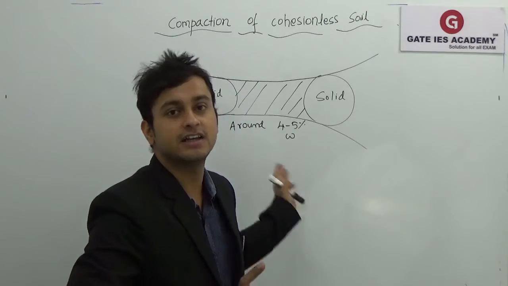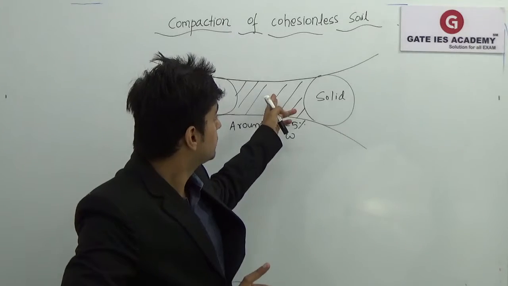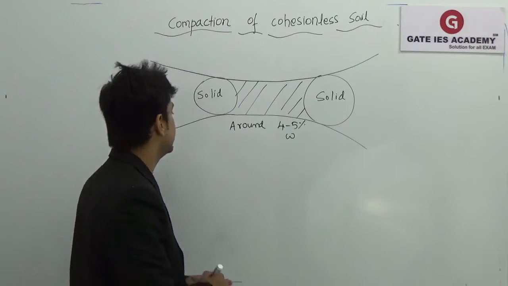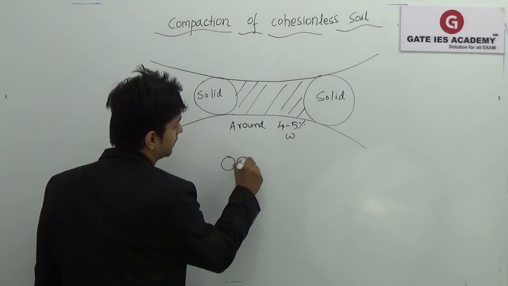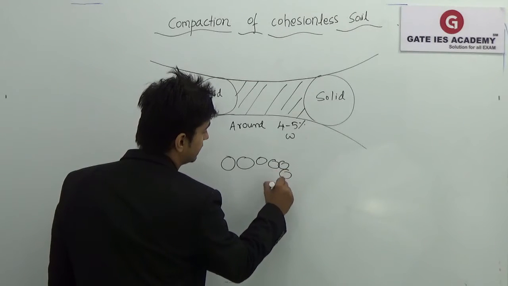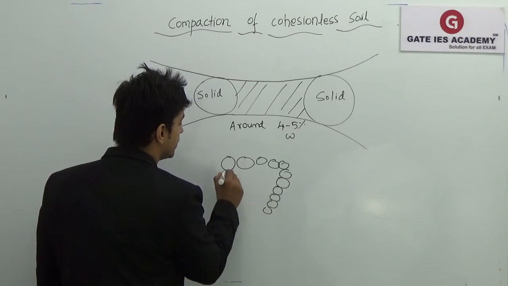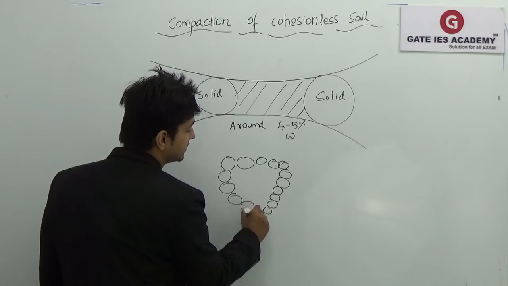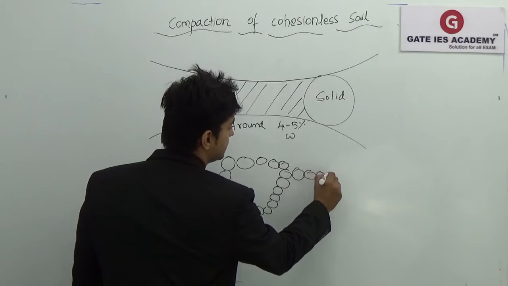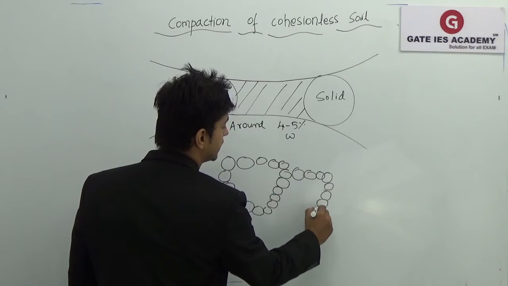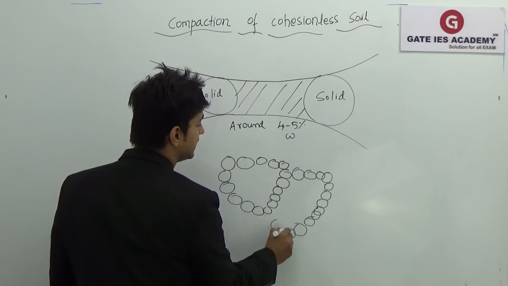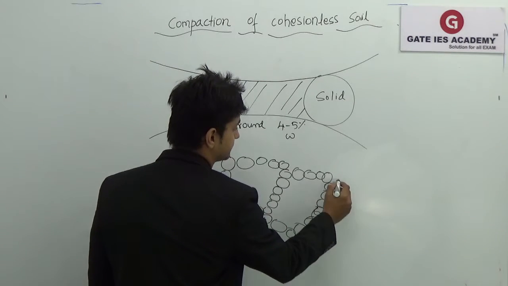This creates bulking of sand, as you would have heard. So this is how bulking of sand happens, because of the moisture film created in this structure.